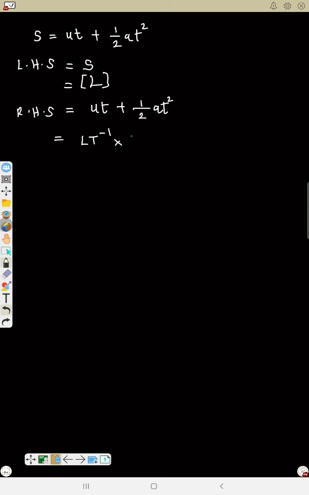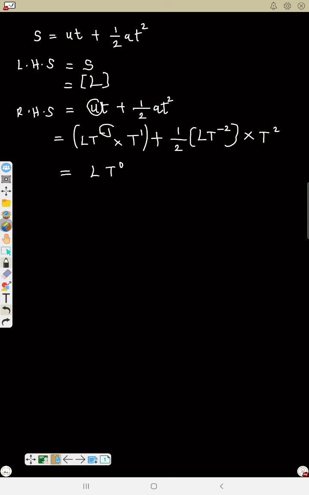Times time is time, that is T. So that is u is LT raised to power minus 1, T is capital T, and that will be raised to power 1, plus half acceleration is LT raised to power minus 2 times T raised to power 2. So this will be LT raised to power 0, because minus 1 plus 1 is 0.